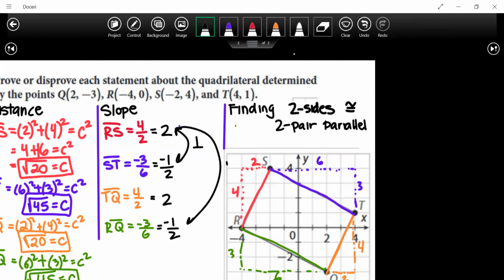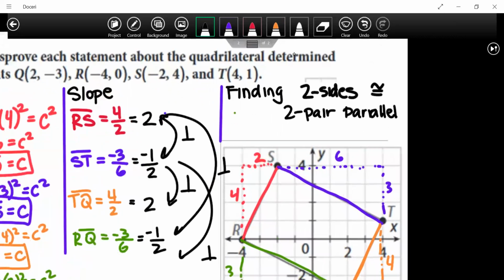This is perpendicular. These two are perpendicular. This last one is perpendicular. Can I do that? Yeah. Then what does that tell us? How many pairs do I have? Count. 4 pairs perpendicular. 2 parallel sides, 4 pairs perpendicular.